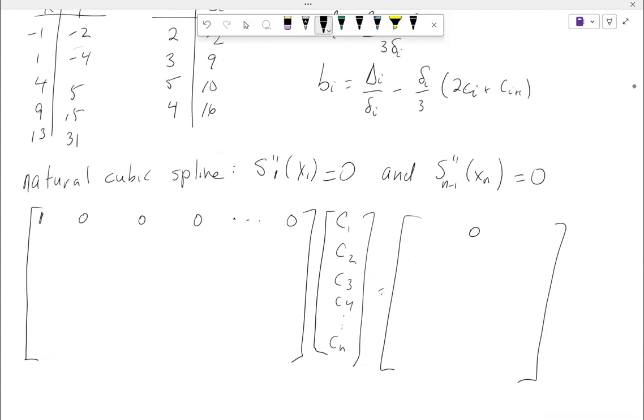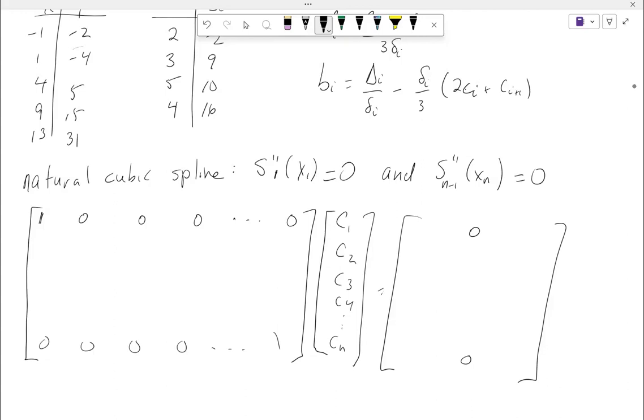Again, since we're doing the natural spline, I'm assuming this very last one here will also be 0. Not clamped, sorry, natural spline. There is a notion of clamped spline. We'll talk about that on Thursday. So again, this is re-emphasizing that the curvature at the ends has to be 0.